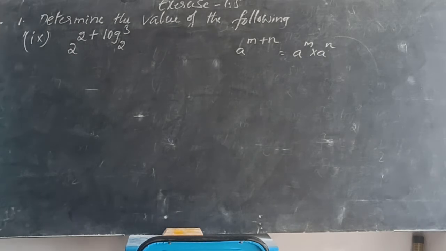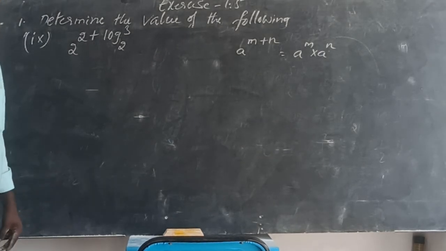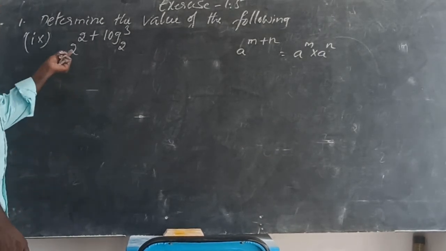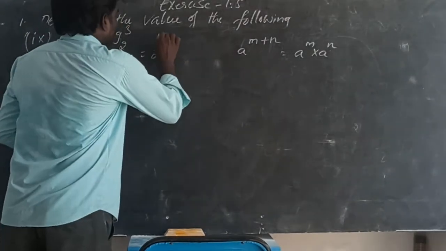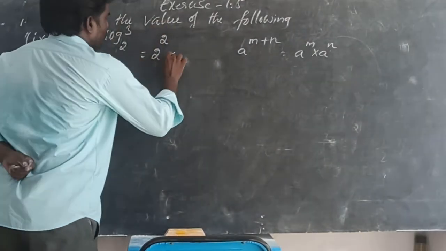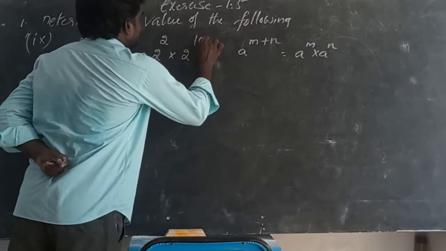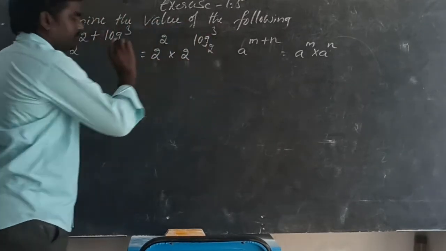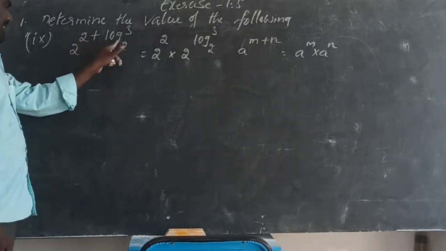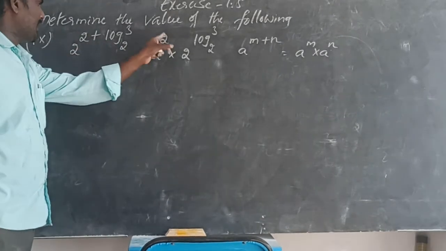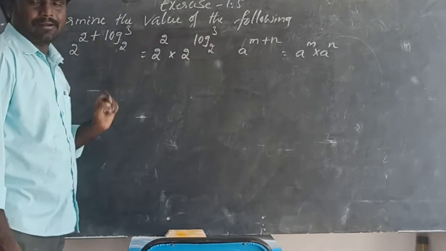So 2 power 2 plus log 3 base 2 we can write as 2 power 2 into 2 power log 3 base 2.